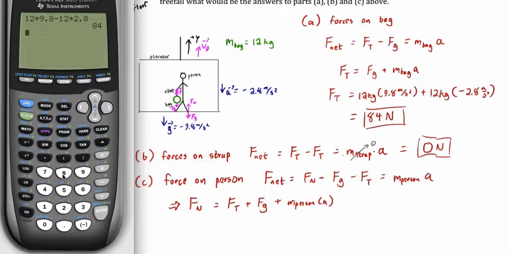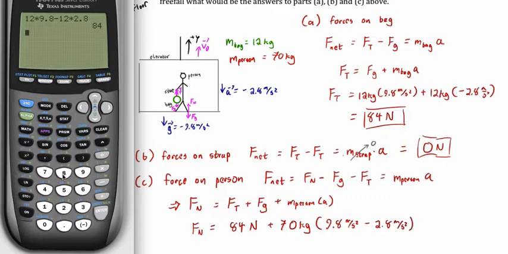And so what this is going to look like, the normal force is going to equal the 84 newtons that we solved for previously, and then plus 70 kilograms, which is the stated mass of the person, times gravity, 9.8 meters per second squared. And as before, minus 2.8. And that's simply because we're plugging in the negative there for its scalar value. Meters per second squared.